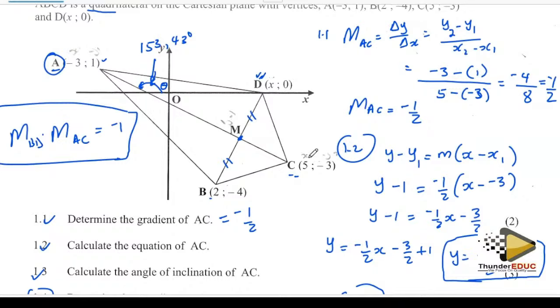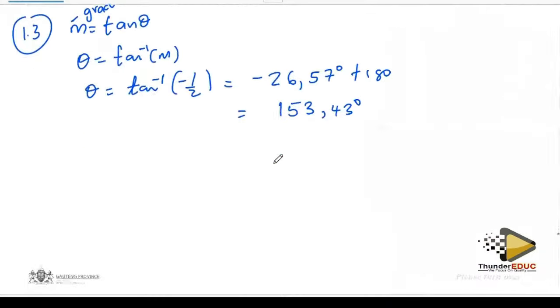Remember perpendicular simply means the lines are meeting or crossing each other at 90 degrees. So the gradient of BD times the gradient of AC, I must end up with a -1.